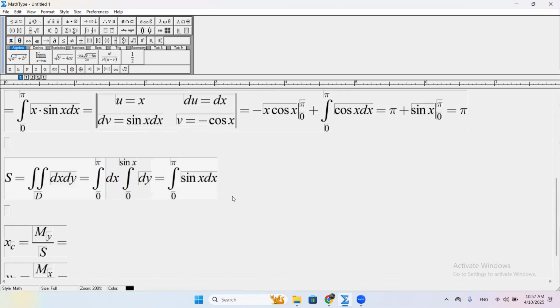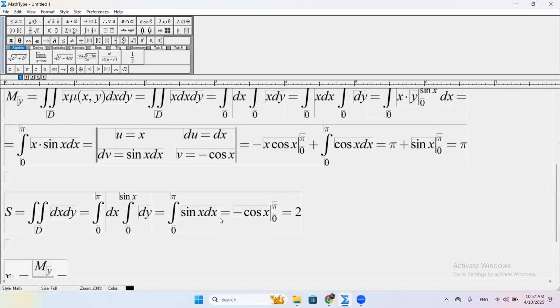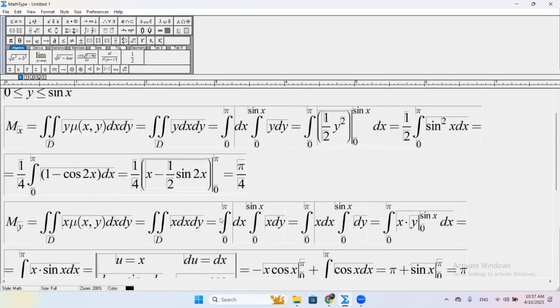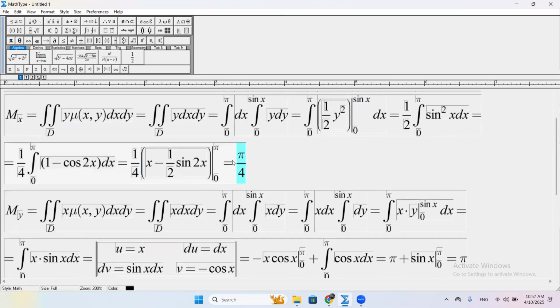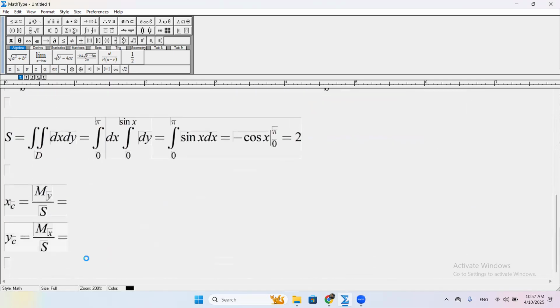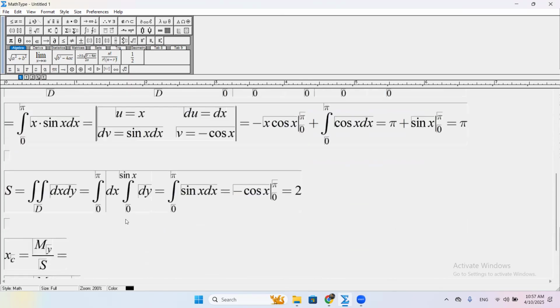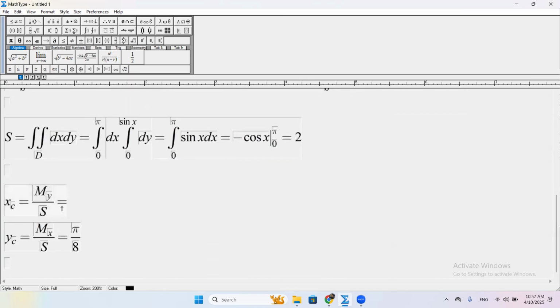We integrate sine, and we will receive minus cosine of x with substitutions from 0 to pi, and it will be equal to. So now we'll calculate the coordinates of mass center. So for y, pi over 8, and for x, pi over 2.